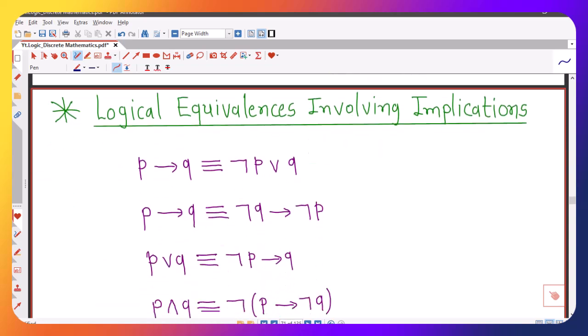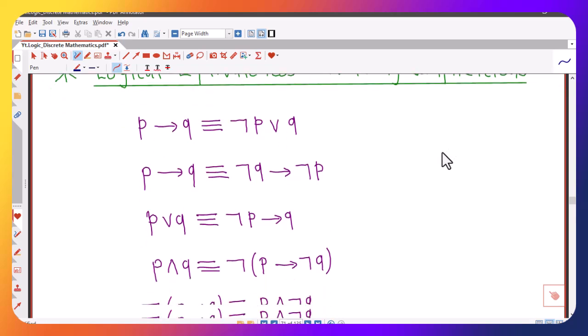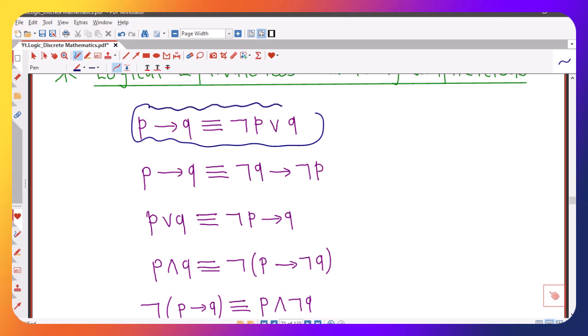We have some other logical equivalences which involve implications or conditional statements. This we have proved in an earlier lecture. In lecture number 10, we have shown that the conditional statement P implies Q is equivalent to negation P or Q. And P implies Q is equivalent to negation Q implies negation P. All these are logical equivalences.